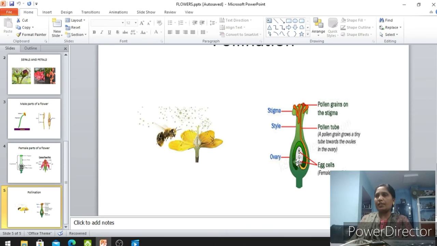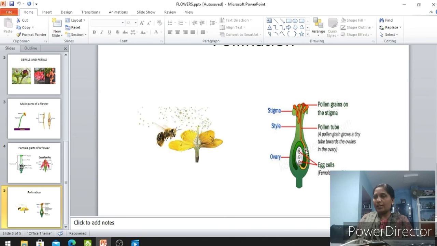Fusion means mixing of the male nucleus and the female nucleus, and this is known as fertilization. So two male nuclei are coming into the ovary, I told you. One male nucleus is fusing with the female nucleus. Then the other male nucleus fuses with the polar nuclei. Two polar nuclei are present. So one male nucleus fusing with two polar nuclei is known as triple fusion.